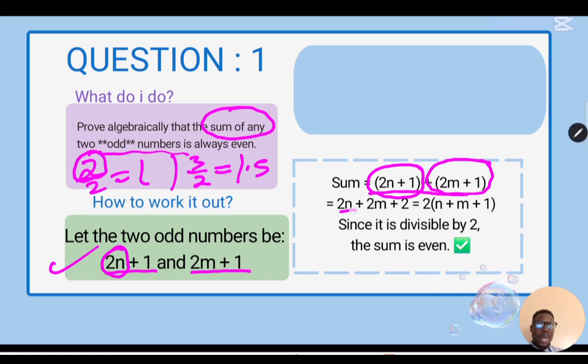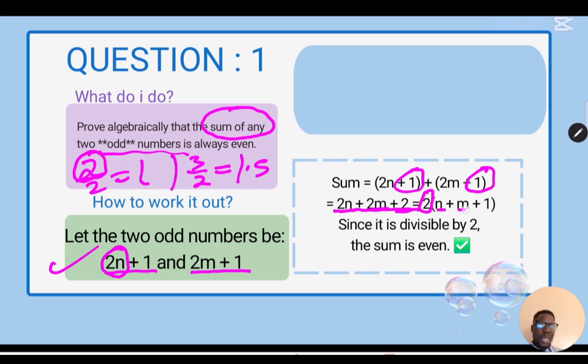That means I have 2n, 2m, then 1 plus 1, okay, the 1 here plus another 1 here gives me this 2. Now, if I factorize 2 out of all of these 3, that means I factorize 2 out here. So inside the bracket, I will have n plus m plus 1.